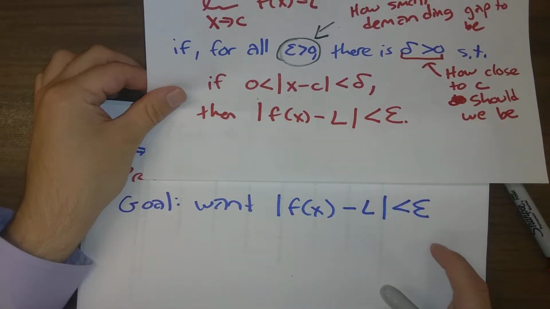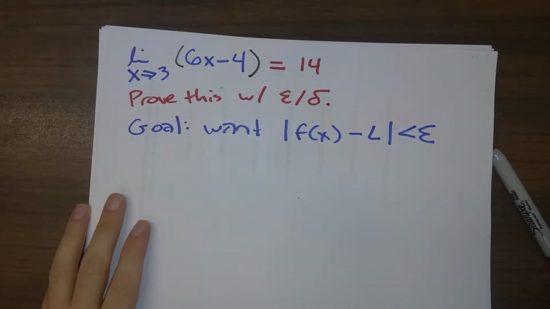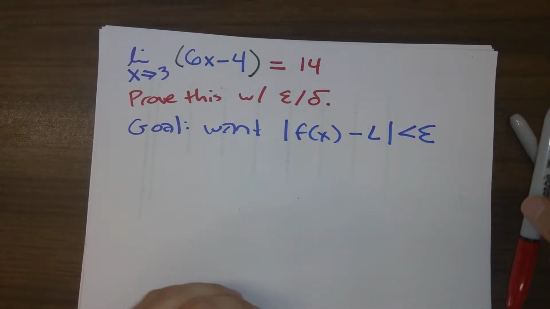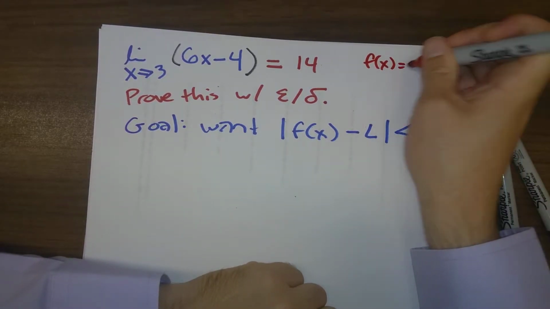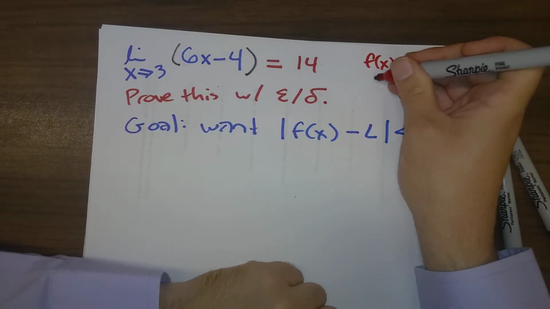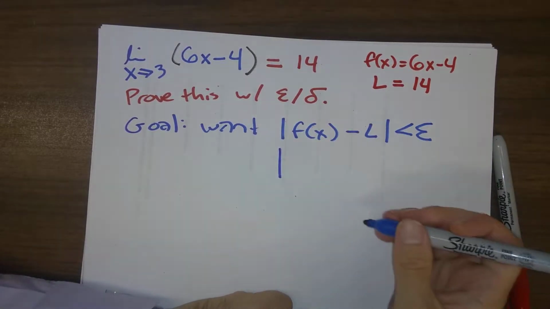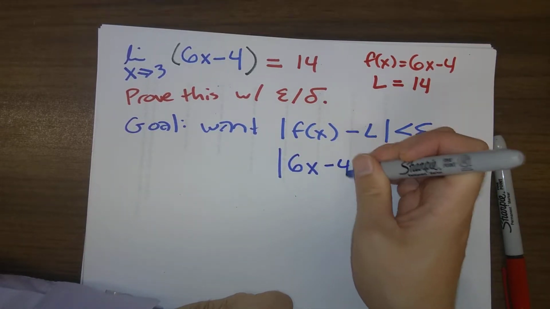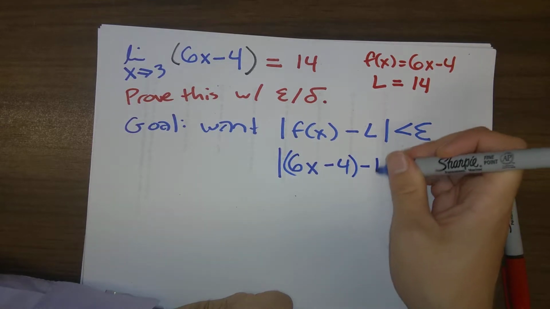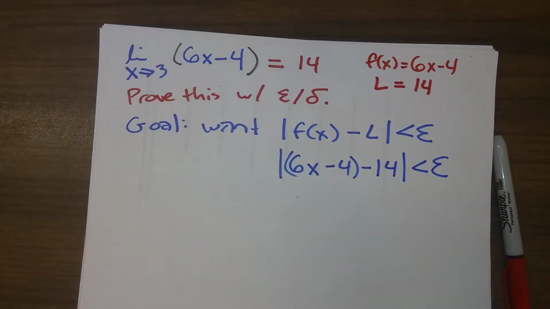Now, in any given problem, our f of x and L are going to be different. In this problem, we see that f of x is 6x minus 4, and L is 14. So really what we're saying is that we want the absolute value of 6x minus 4 minus 14 to be less than epsilon.